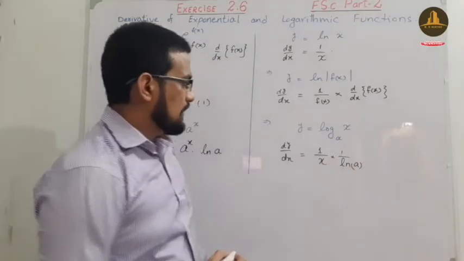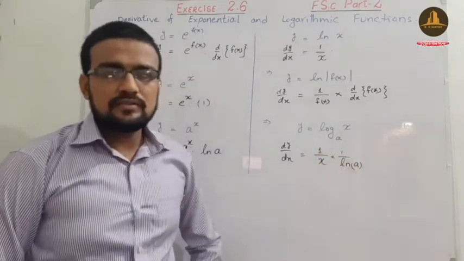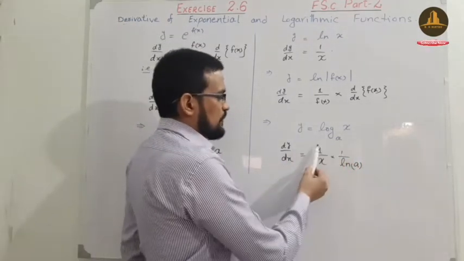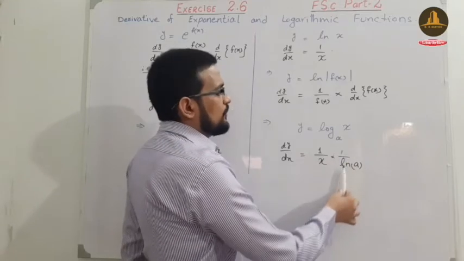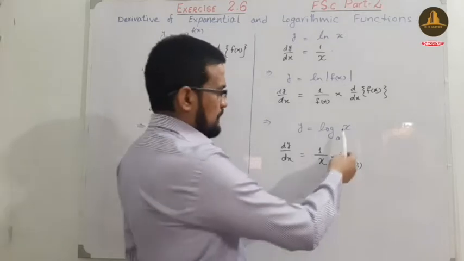And if here is any other function of x, then the derivative is 1 over f of x multiply 1 over ln of base, then multiply with the derivative of the function.